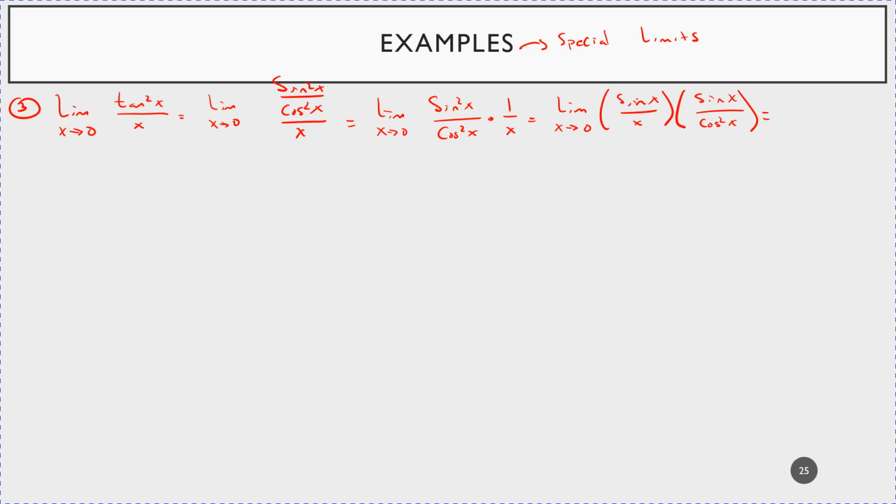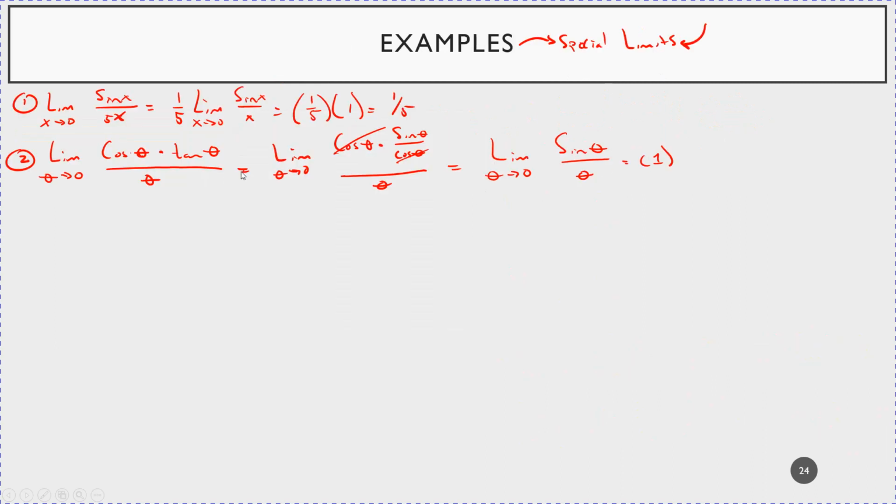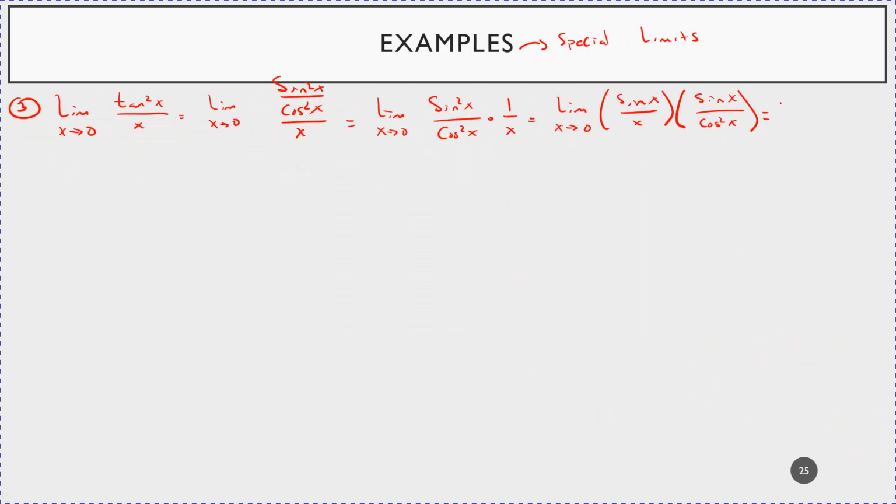Well, the limit as x goes to 0 of sine of x over x, boom, that's 1. Sine of 0 is 0 divided by 1 gets me 0. So this limit here is just 0.